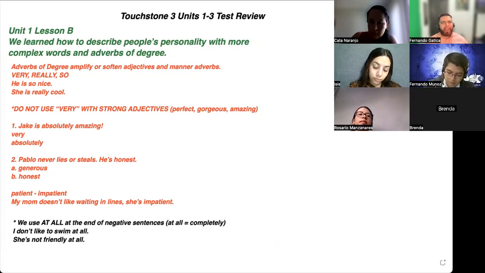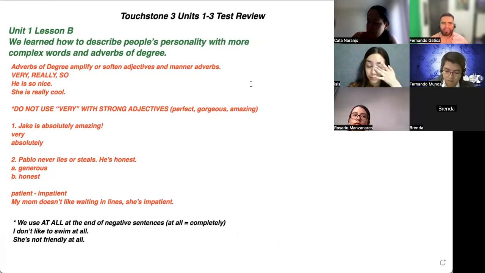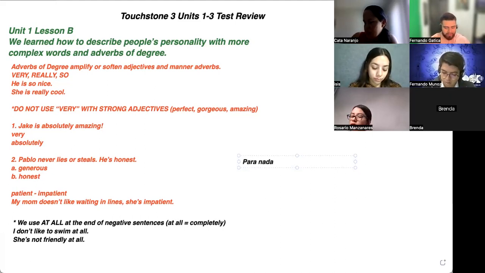Because one time I asked a student, I said, hey, Karina, do you like Hawaiian pizza? She said, at all. I'm like, what? Doesn't make sense. Okay, no pueden decir at all solo. Sí, at all significa para nada, pero no lo pueden usar solo. Tienen que ir a fuerzas al final de oraciones negativas. Si lo quieren usar solo, para nada, sería así.